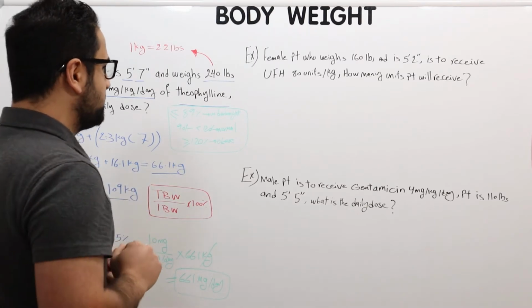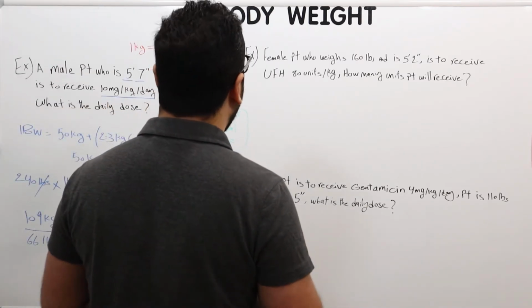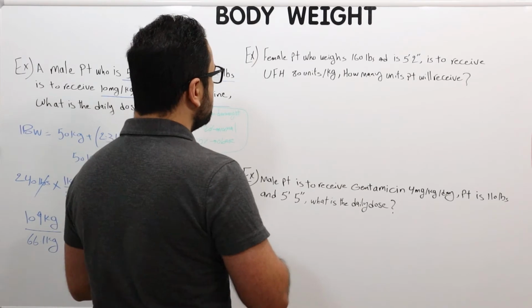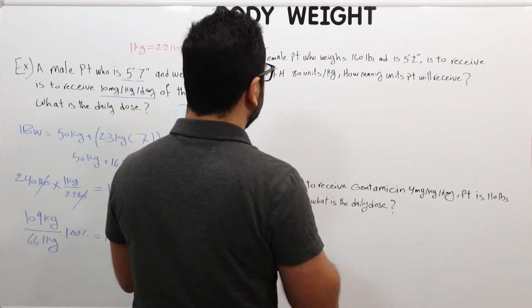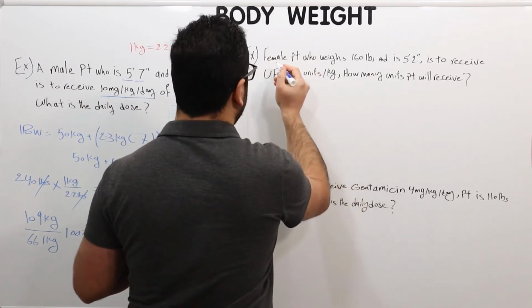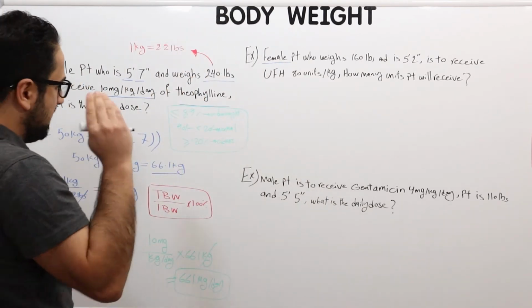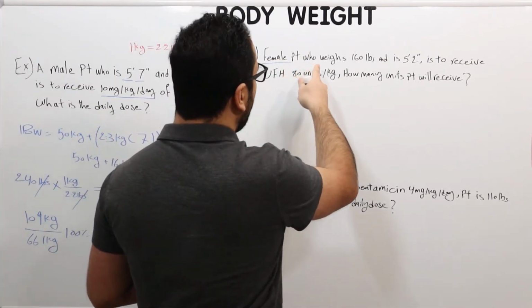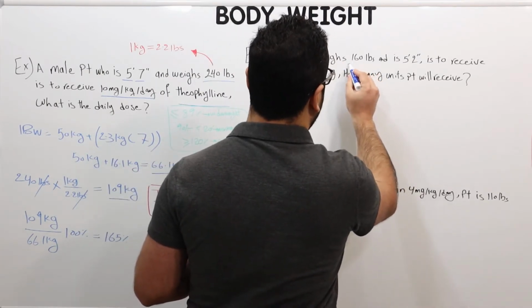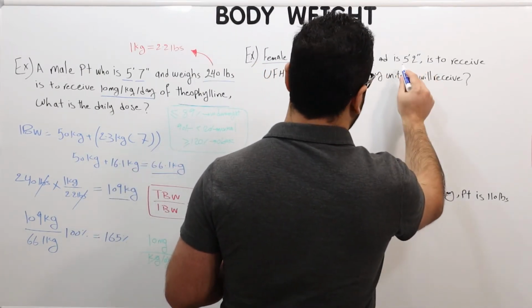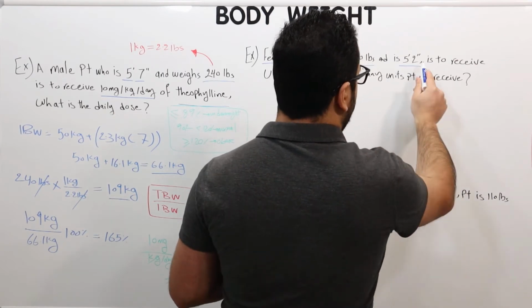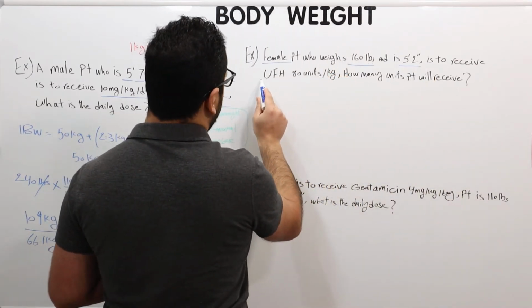Now, question number 2. What do we have? We have a female patient who weighs, so we have a female over here, very important. The formula will be different for ideal body weight, keep that in mind. The patient weighs 160 pounds, and she is 5'2", and is to receive unfractionated heparin.